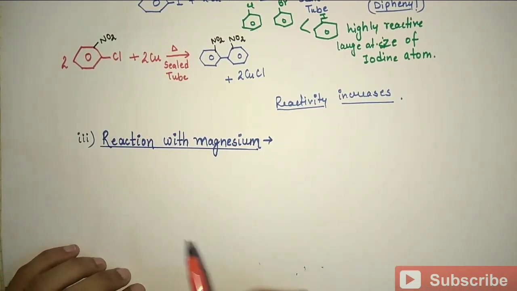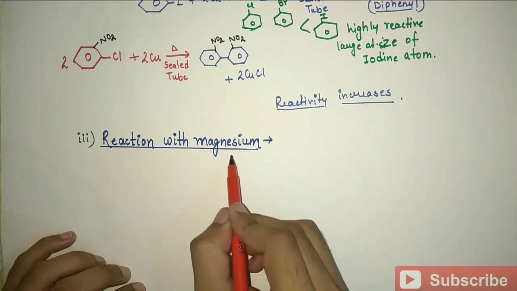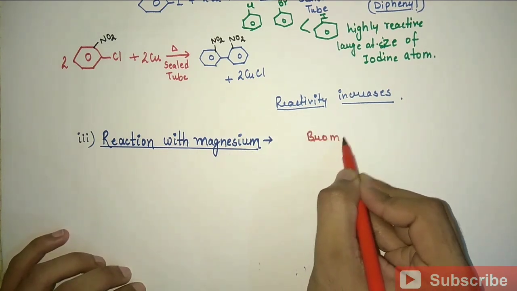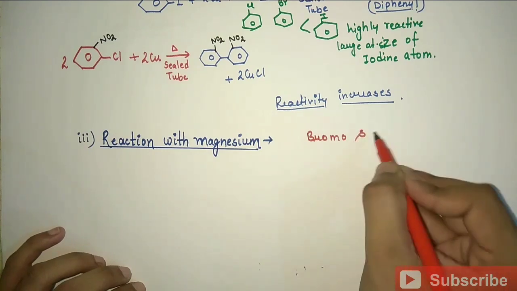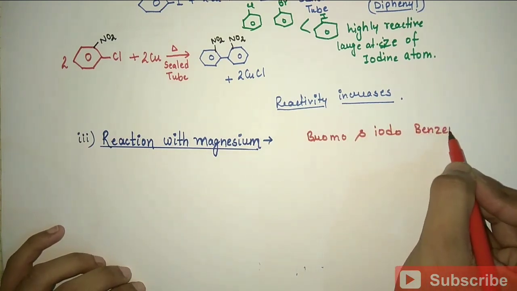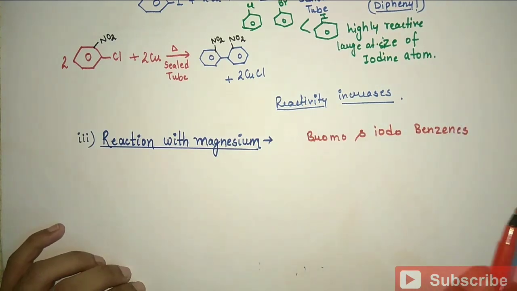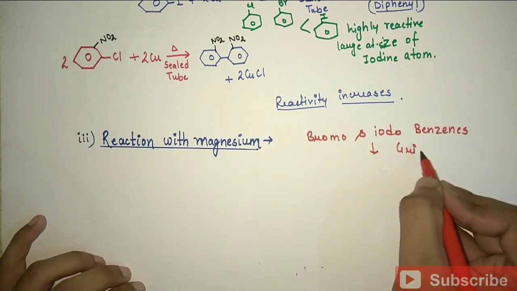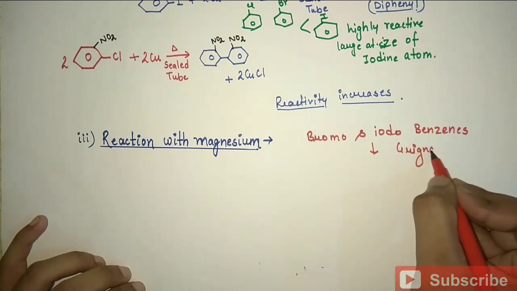Now, the next is reaction with magnesium. So our bromo and iodobenzenes form Grignard reagents when they react with magnesium.